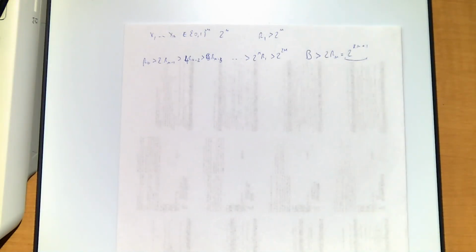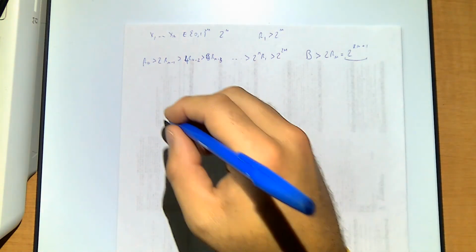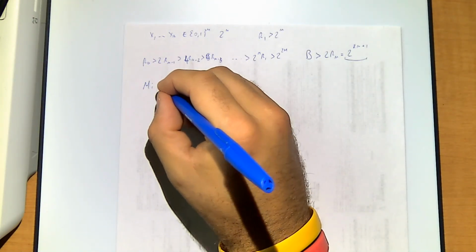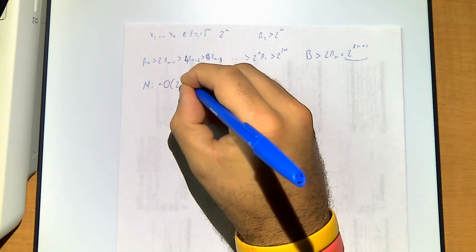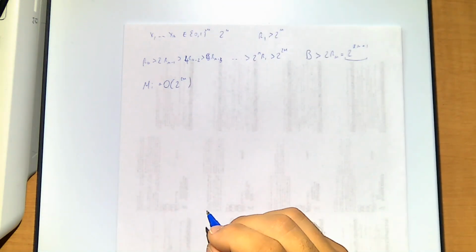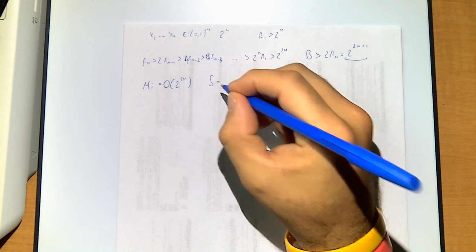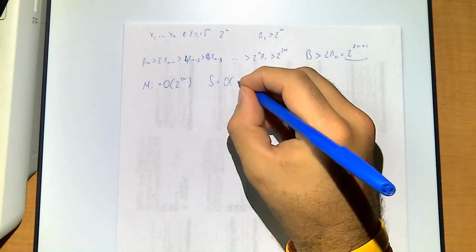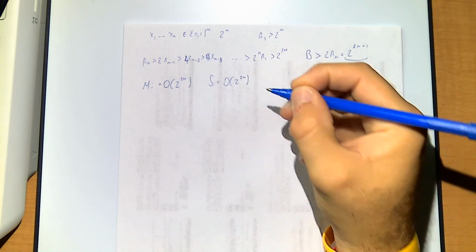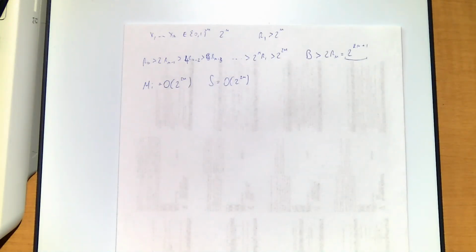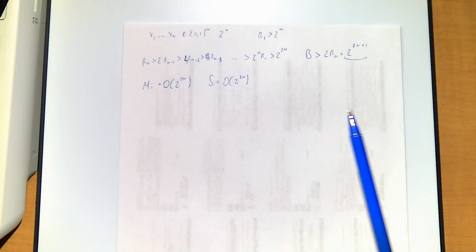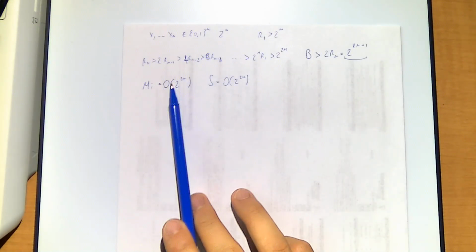Okay, and so essentially, my public key Mi will also be of order 2 to the 2n, and same for S, because it's just a sum of integers in that order. Cool. So 2n plus 1 or 2n is the same thing. Okay, so my Mi's are 2 to the 2n.